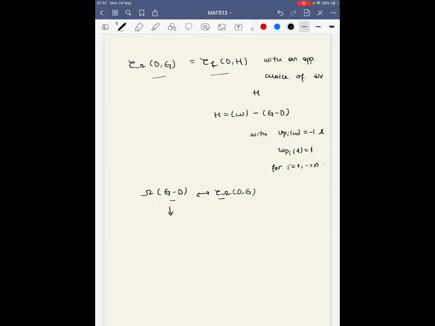And if you consider the duality theorem, which tells us this vector space can be written in terms of the Riemann-Roch space, we can see the equality of these two structures.